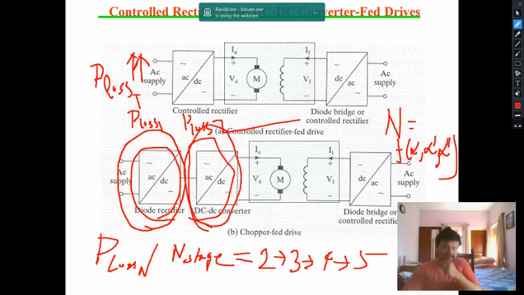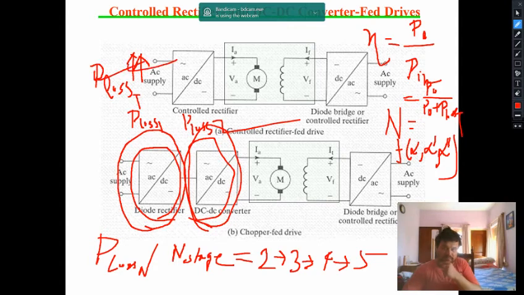what about your efficiency? Your efficiency will be power output by power input. Again, the power input, I can rewrite this as power output plus P loss T. That means if P loss T becomes higher and higher, the denominator will become higher and higher.